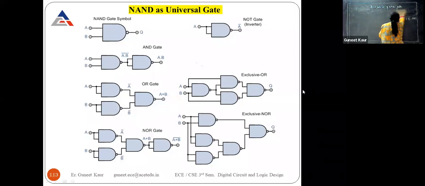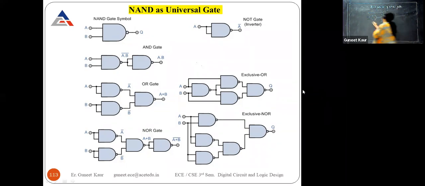Okay. So now I will make the diagram for the XOR gate. First NAND gate, then this NAND gate output is given as input to two other NAND gates, and these two are again connected to one more NAND gate.